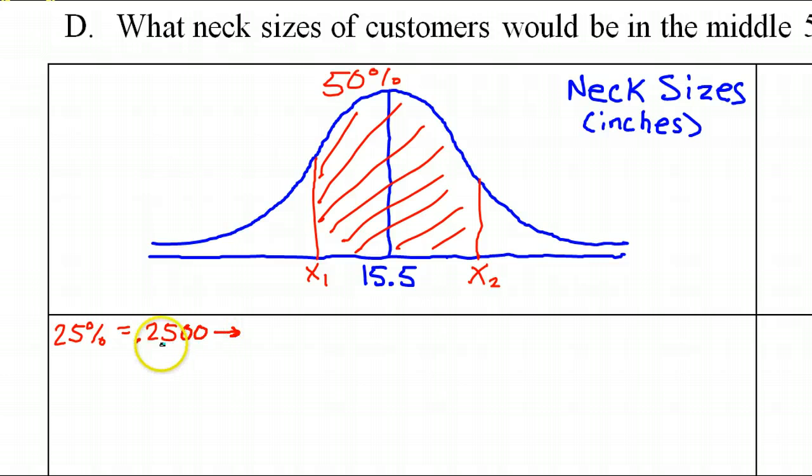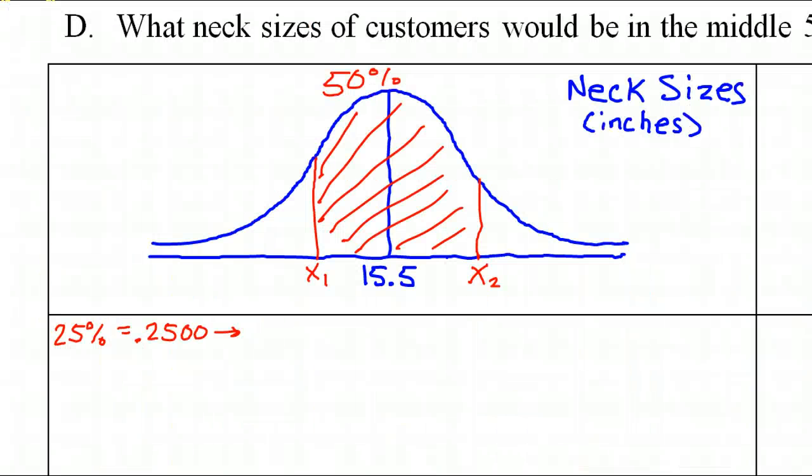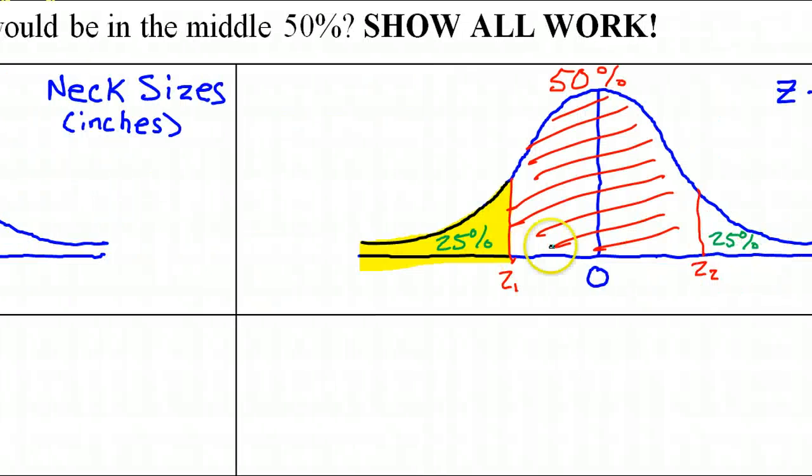Okay, so let's hunt for this. We probably won't find this exact value, so we'll have to pick whatever is closest. This is definitely going to be on the negative side of the page. You can tell because it's on the left. So this is 0, and these are negative.